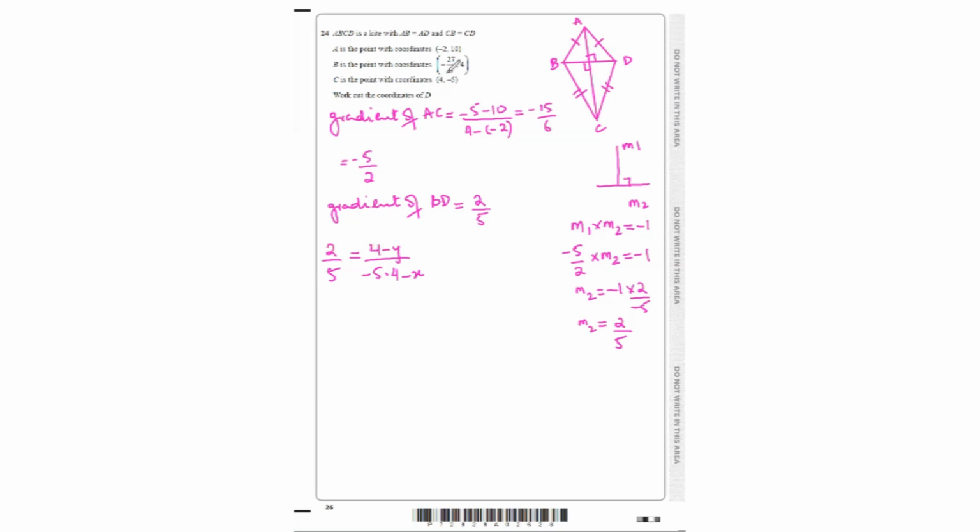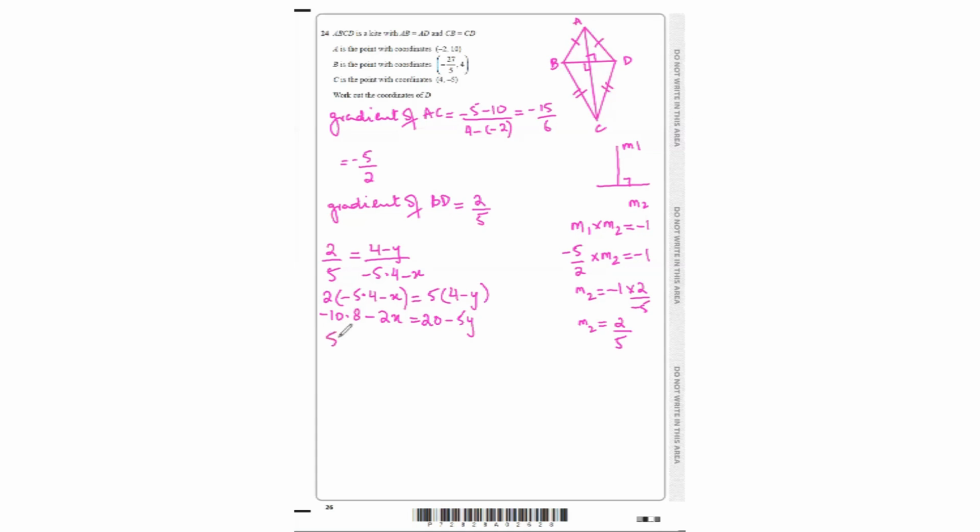So y2 and x2 are point B, and x1 and y1 are point D. So we just substitute the values. Now we're going to cross multiply. It's going to be 2 times negative 5.4 minus x equals 5 times 4 minus y. So that's negative 10.8 minus 2x equals 20 minus 5y.